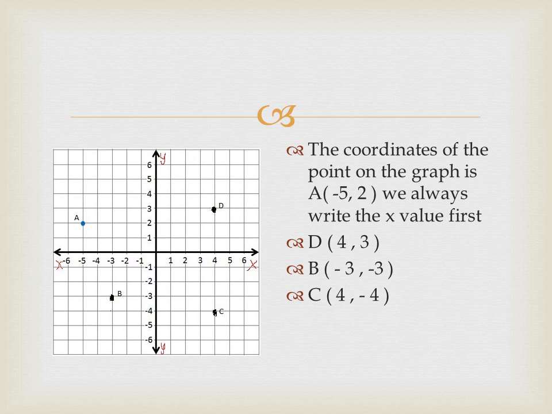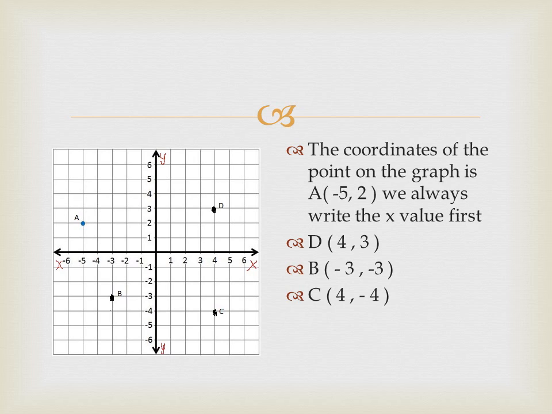Now let's look at point D. You can trace the coordinates to the x-axis and you will see 4, and then when you trace it to the y-axis, you are going to see 3. So the coordinates of the point D are 4 and 3.